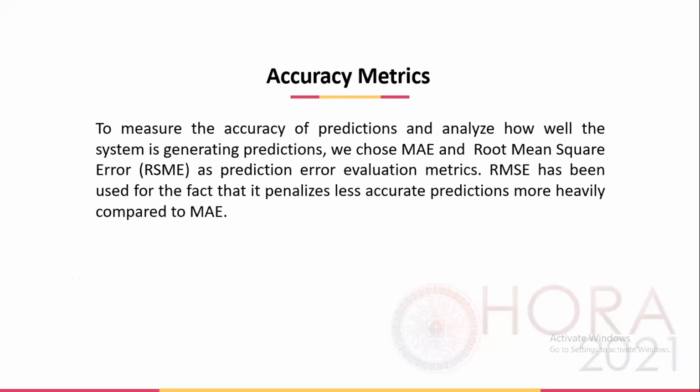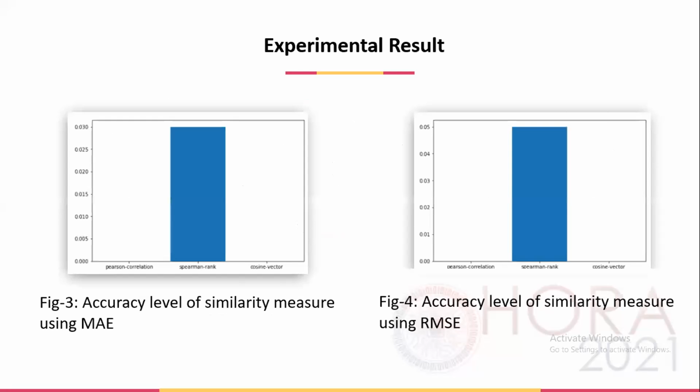So after rating prediction, we need to check the accuracy level. That's why we choose MAE and root mean square error as prediction error evaluation metrics. Actually, RMSE has been used for the fact that it penalizes less accurate predictions more heavily compared to MAE.